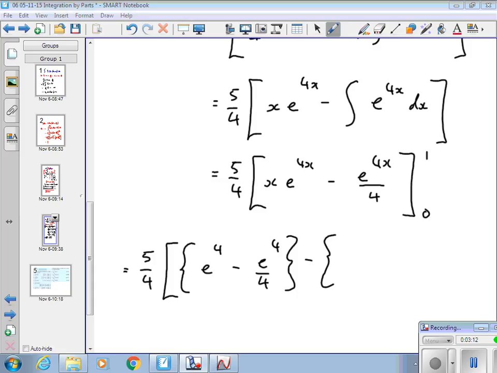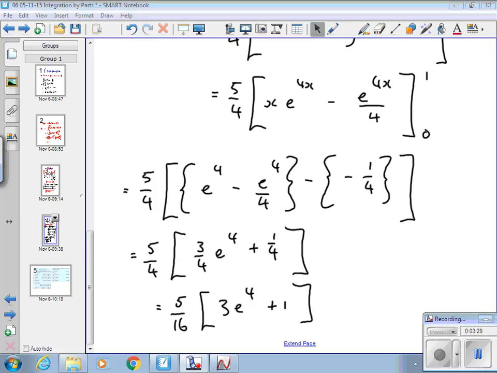Oh no, e to the 0 is 1, so that's just going to be minus a quarter in there. Just look at that, see if you can see it. So I might end up with something looking like that at the end, and then I could work out what the answer was.